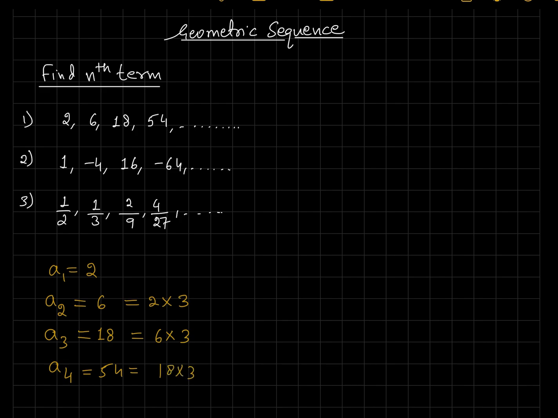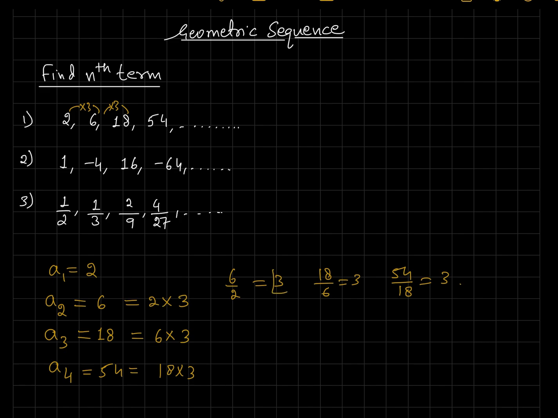It means that each and every term is constantly multiplied by 3. So we have a constant ratio. I can say that 6 over 2 is equal to 3, 18 over 6 is equal to 3, 54 over 18 is equal to 3.